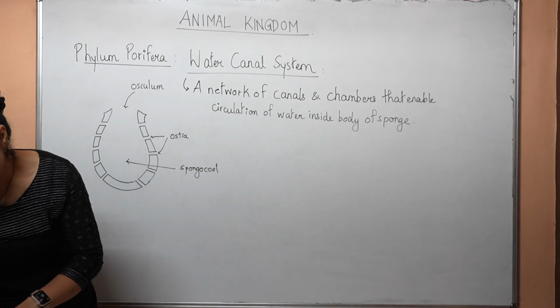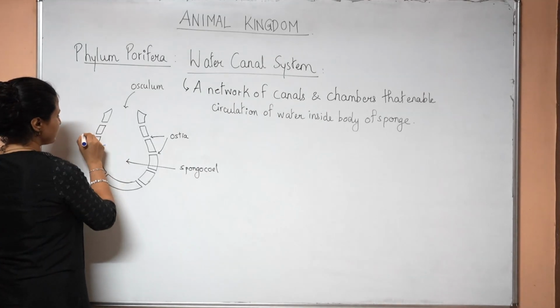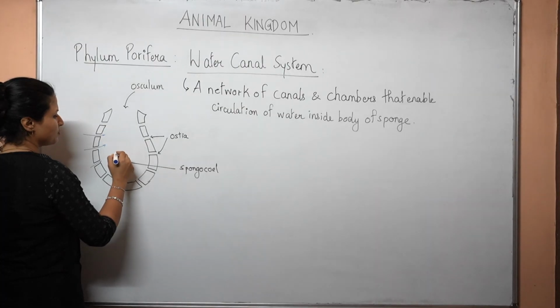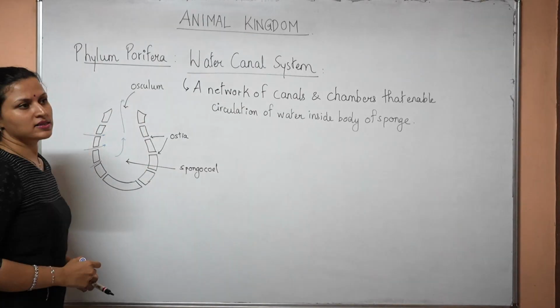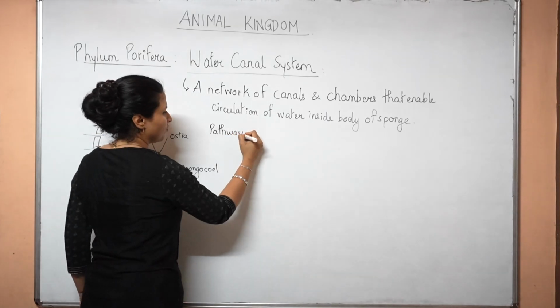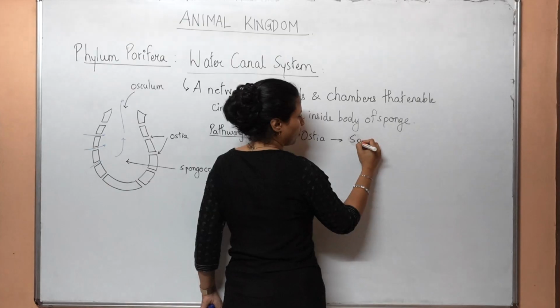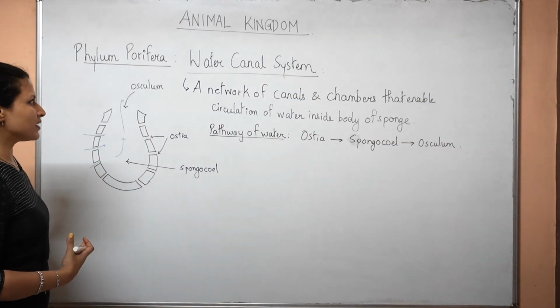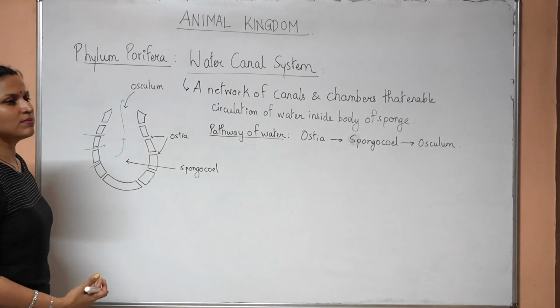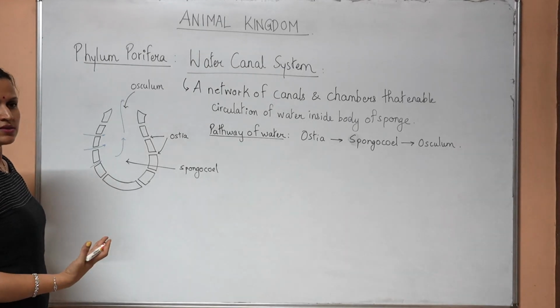So what happens in the water canal system is that the water enters through these ostia into the spongocoel, and from the spongocoel then the water is expelled out. So the pathway of water in this case is through ostia, spongocoel, and then into the osculum. This is the simplest water canal system that is found in some sponges. There are different types of water canal systems, this being the simplest one.